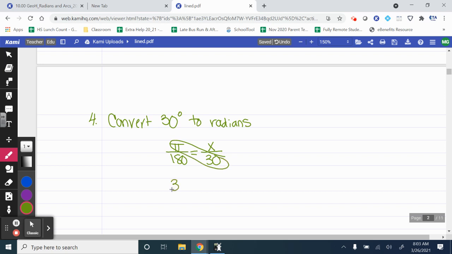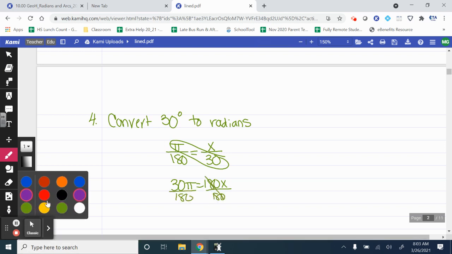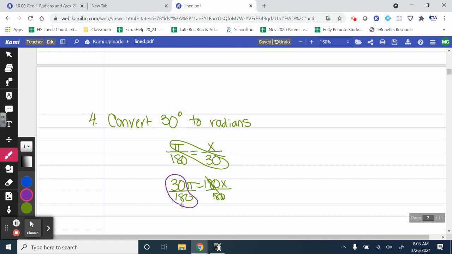Cross multiply, we get 30 times pi equals 180 times x. Divide both sides by 180. And this time in your calculator, you would type in 30 divided by 180, reduce that fraction, which is 1/6. So your answer would be 1 times pi, which is pi over 6.